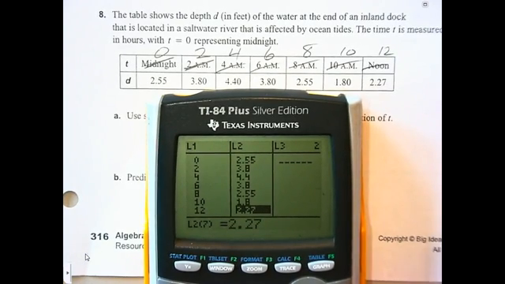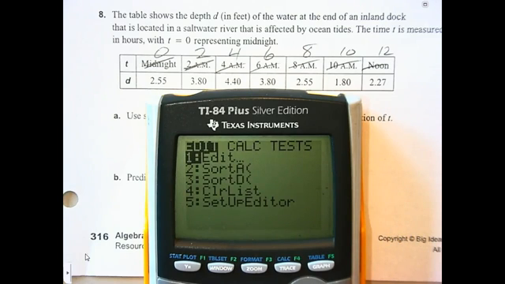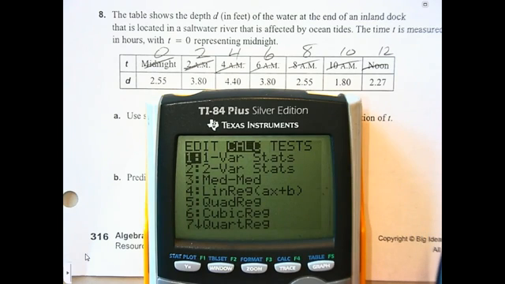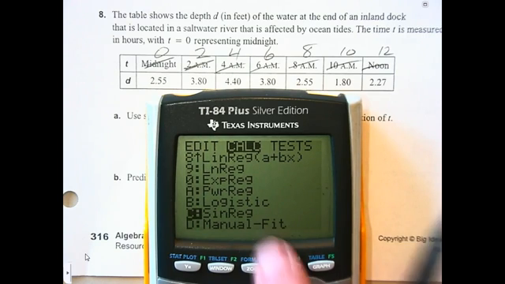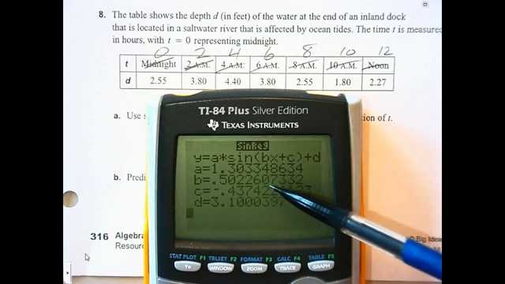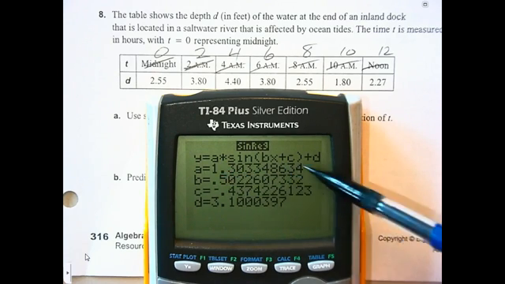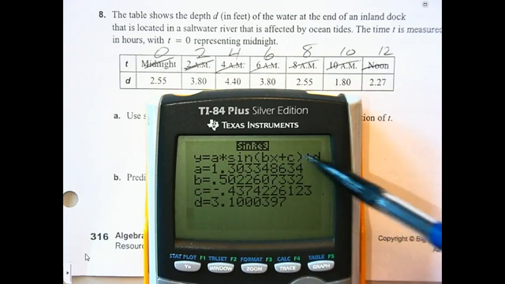Hey, looking up here. Once you get done with that, we hit quit. We go to stat, calculate, and we are calculating the sin regress. Sin regress, S, so letter C. Notice you have to have list 1 and list 2. Hit calculate, and it gives you a form here: A sine, parenthesis, bx plus c, all plus d.